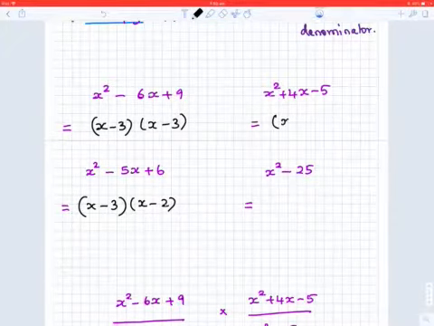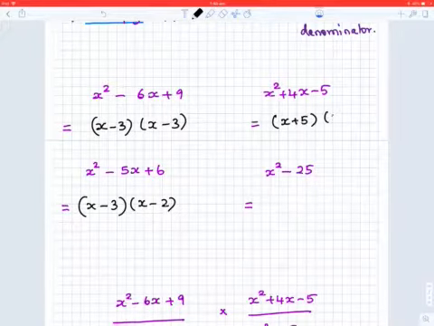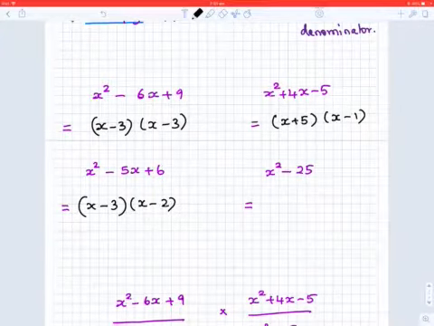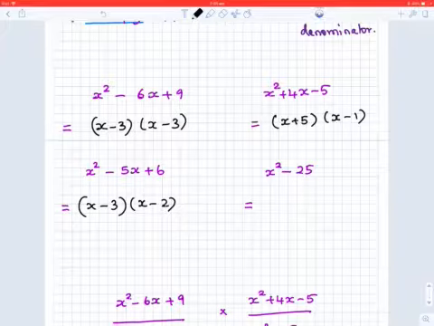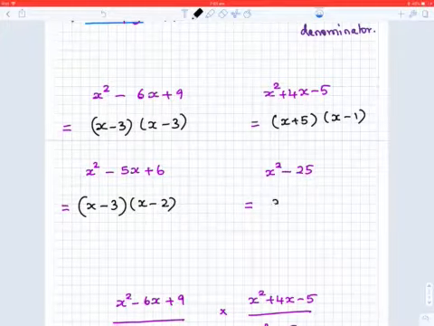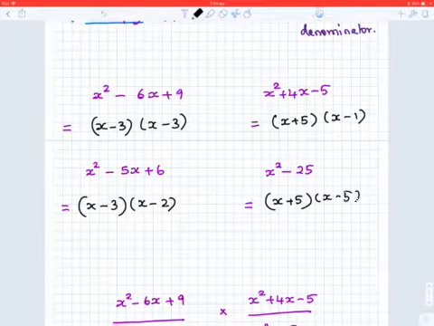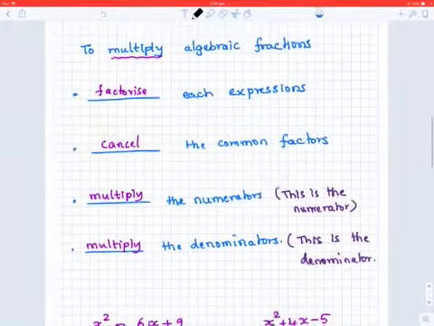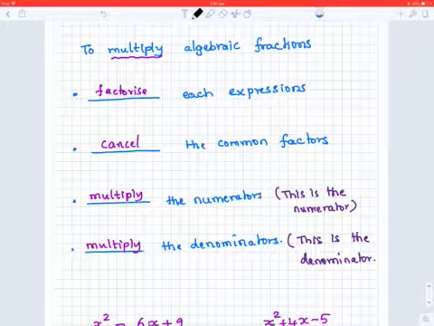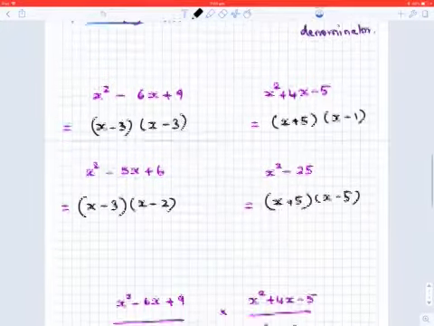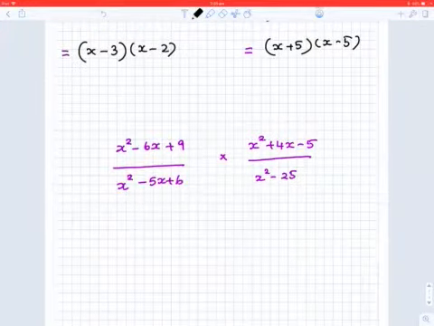Now x square plus 4x minus 5 can be factorized as x plus 5 times x minus 1. Then x square minus 25 can be factorized as x plus 5, x minus 5. So we did the first step, which is factorize each expression.